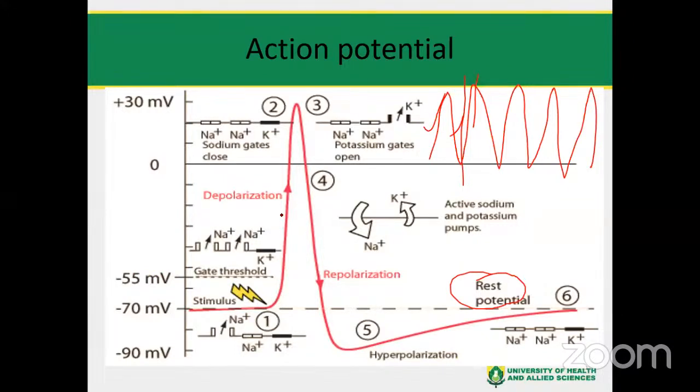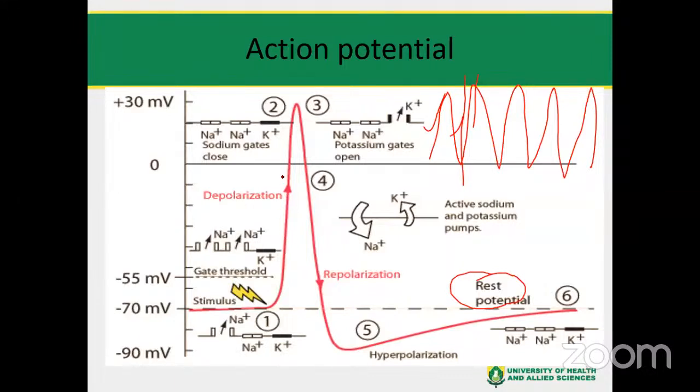There will be rapid depolarization because at this level, we have what we call voltage-gated sodium ion channels. A lot of them open. The more sodium rushes into the cell, the more depolarization there will be.